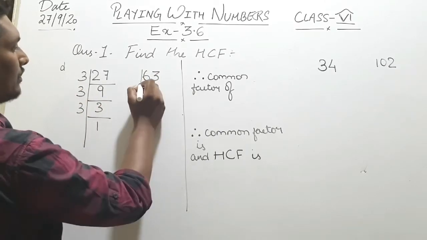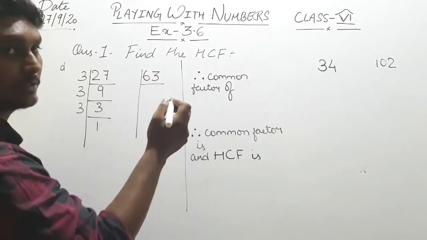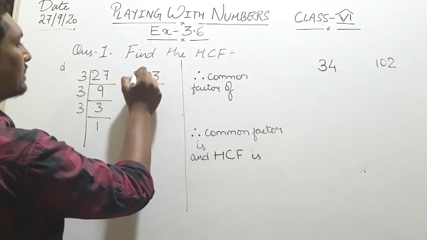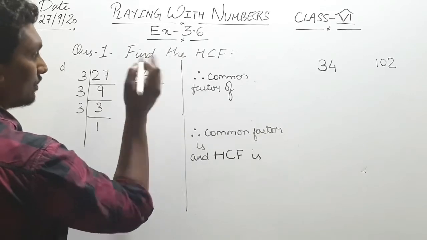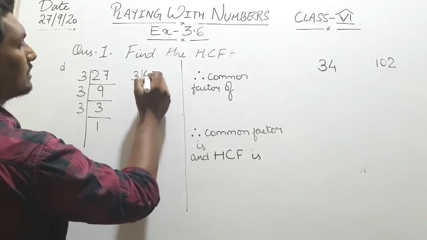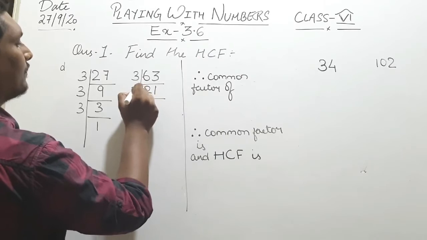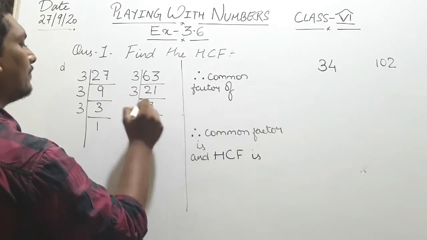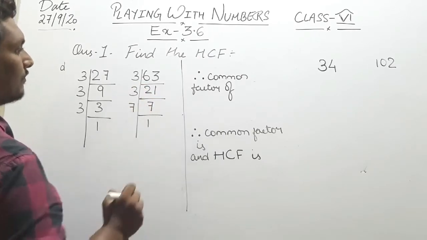Now come to 63. 6 plus 3 is 9, so we go for 3. 3 2s are 6, 3 21s are 63, 3 7s are 21, 7 1s are 7.